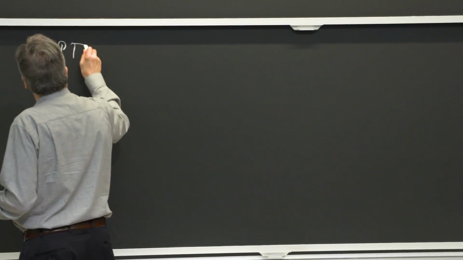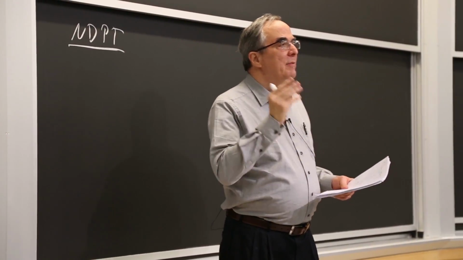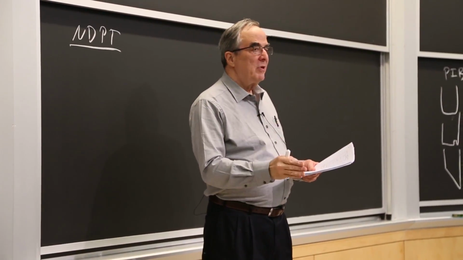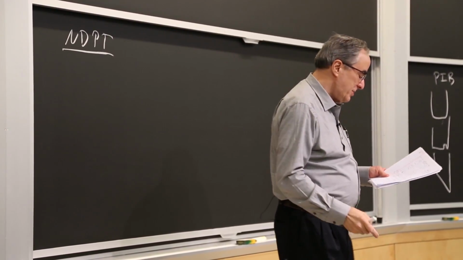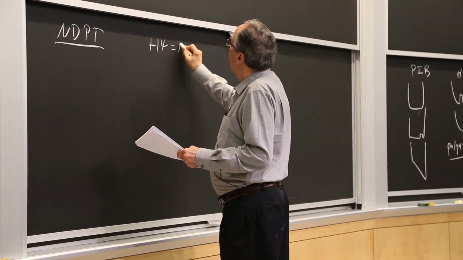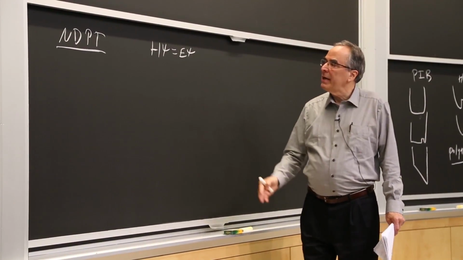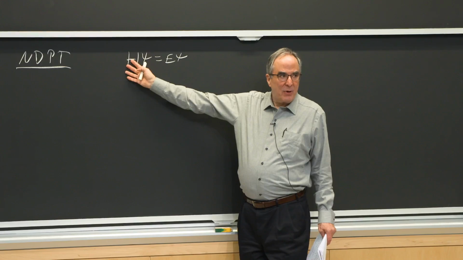So here we have non-degenerate perturbation theory. And it is a mind-numbing formal derivation. So we start out with the Schrödinger equation. And we say, well, let us expand the Hamiltonian.